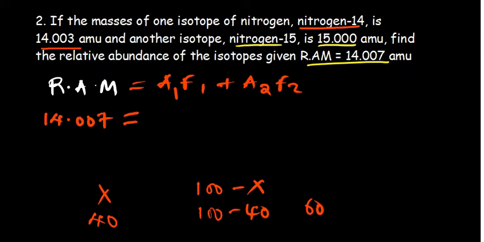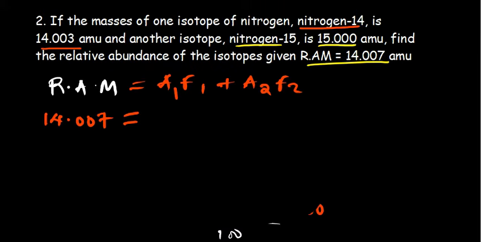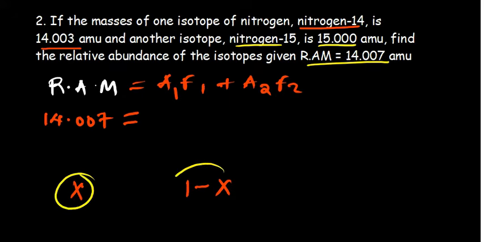Now, to make our calculations easier, we'll take everything divided by 100, so that you have 0.4 and 0.6. Therefore, instead of saying 100 minus x, one will be considered to be x and the other will be considered to be 1 minus x. We've divided everything by 100. Each time we work with this, it's easier.